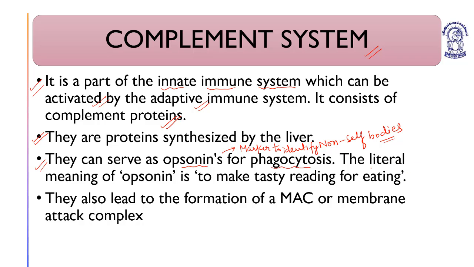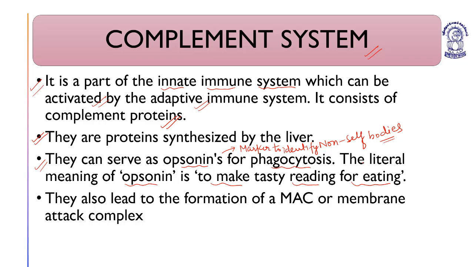The literal meaning of opsonin is to make tasty ready for eating. So different types of phagocytes like natural killer cells, neutrophils, monocytes want to phagocytose it, they want to kill it. So opsonins actually help them to kill. They basically help them know that this is the self part and this is the non-self part.